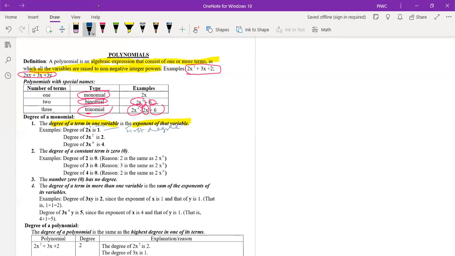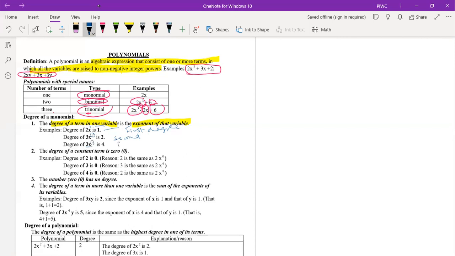We call this a first degree monomial or polynomial. What about this one? You have only one variable in this. Now the exponent here is 2. So this is a second degree or degree 2. Okay, so this is a second degree monomial or polynomial. Now this one, the variable's exponent is 4.